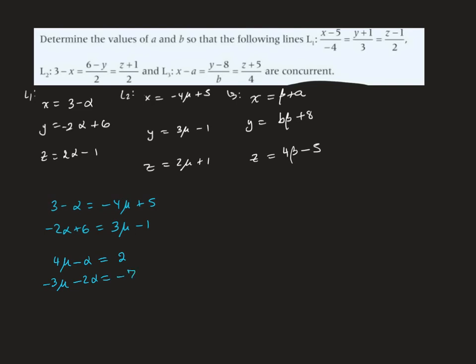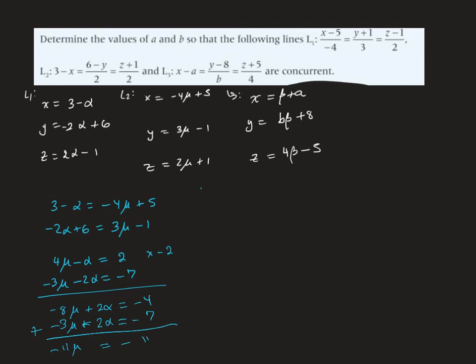Now I can multiply the first equation by minus 2, and that would be minus 8 mu plus 2 alpha equals minus 4, and minus 3 mu minus 2 alpha equals minus 7. We can eliminate alpha if we add these two equations together, and we get minus 11 mu equals minus 11.